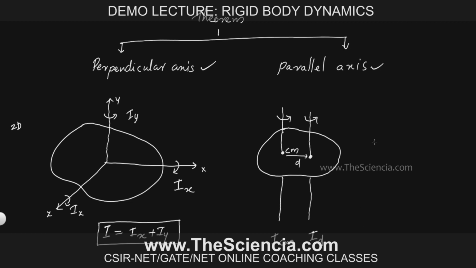That is what the parallel axis theorem tells us. ID equals ICM plus Md square, where capital M is the total mass of this rigid body. Then ID will be equal to ICM plus Md square.